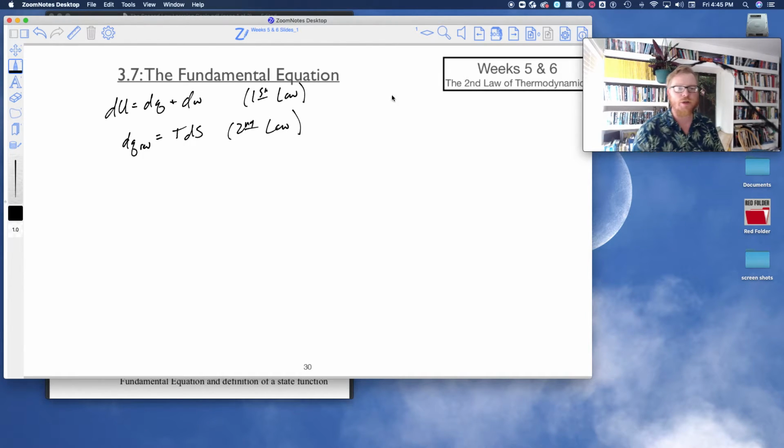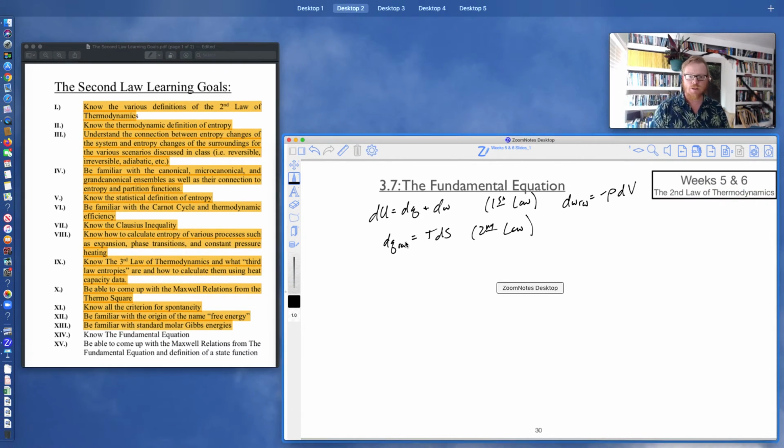I'm also going to write that dw reversible, we're just collecting all these equations that might help us out, is negative PdV. And now I'm going to combine all of these equations into one master equation called the fundamental equation. And when we're combining the first law and the second law into a master equation, this is super important, okay? So how does this go?